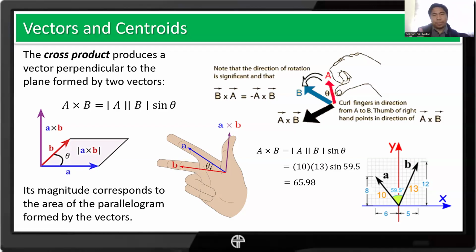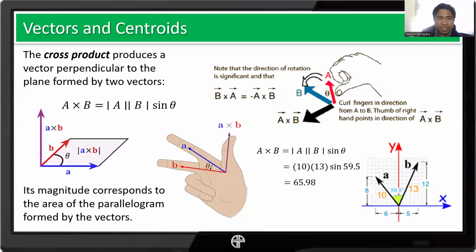You can follow the right-hand rule for easier representation. Vector A is on our index finger, and vector B is our middle finger. Be careful when you are doing this. The direction of their cross product is the direction of your thumb. That is how to imagine their cross product vector.